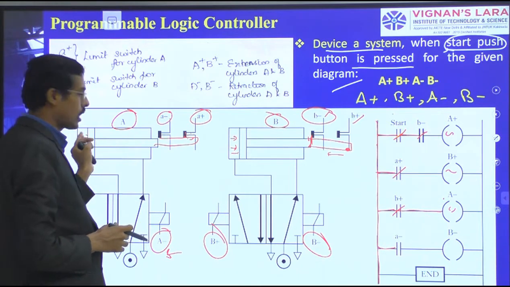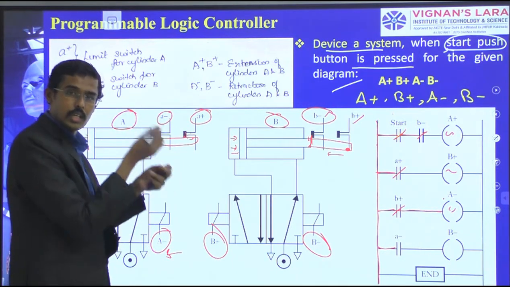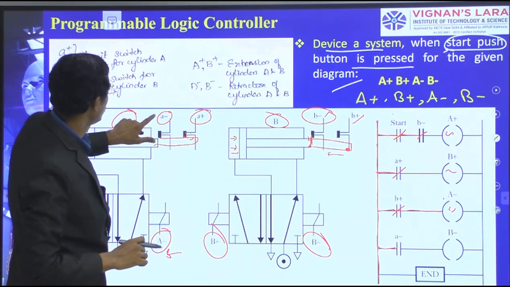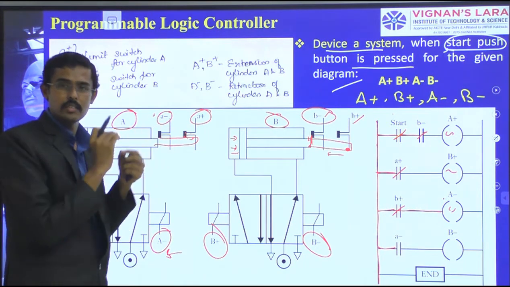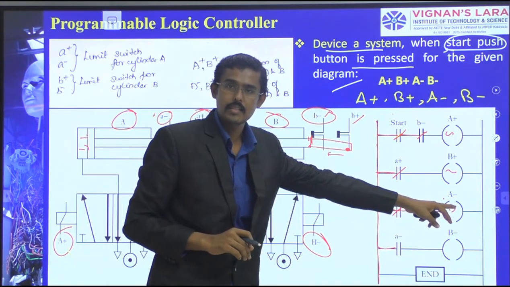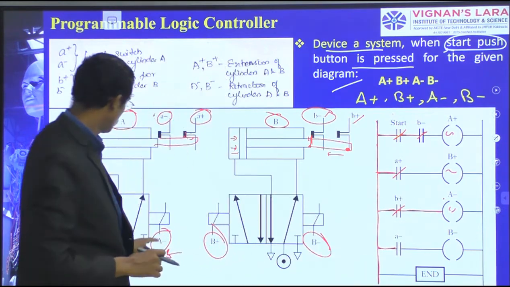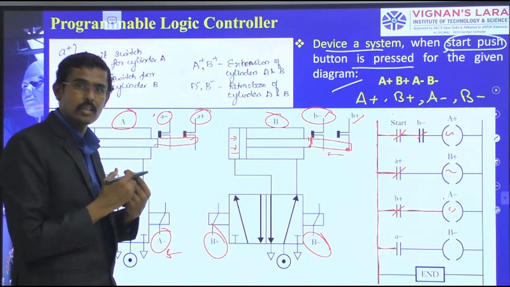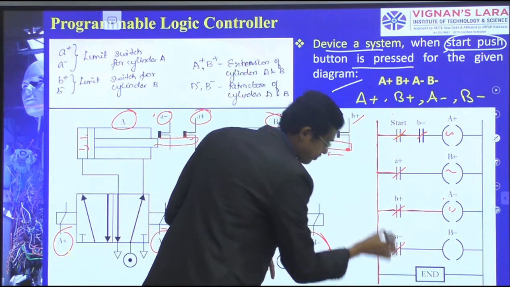When the piston is coming backward, it is going to return to the position of A minus, and it will be sensed by the A minus sensor. After the A minus solenoid is activated, the solenoid operates the piston to come back, and after it comes back to the original position, A minus is detected.